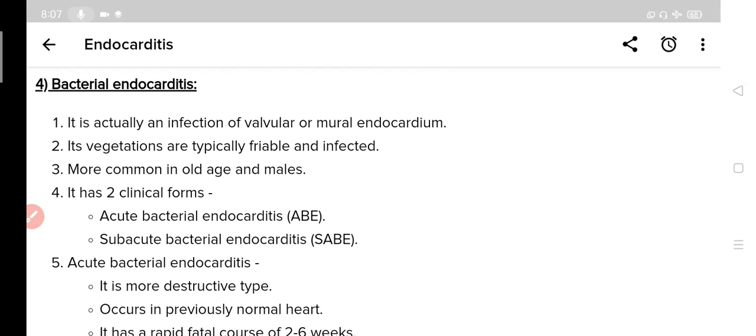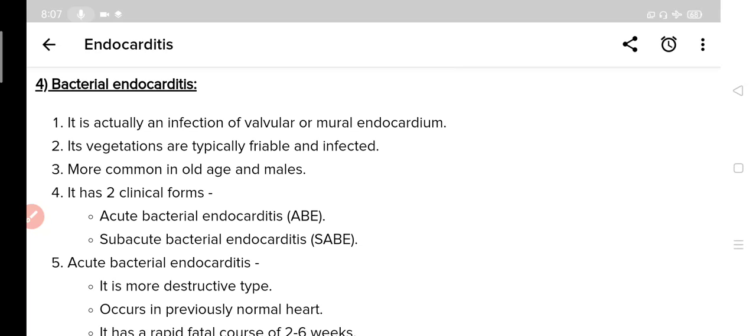So, it can affect both valve and wall. One characteristic feature of bacterial endocarditis is that its vegetations are typically friable and infected. Infected is a surety because it is bacterial endocarditis.